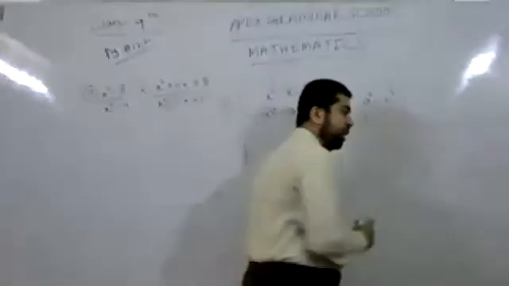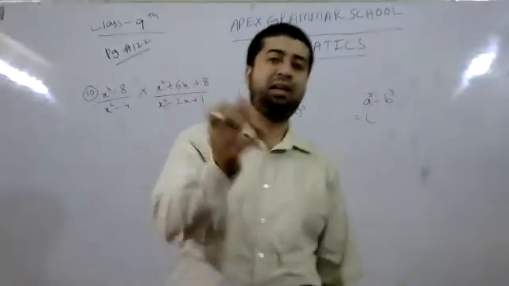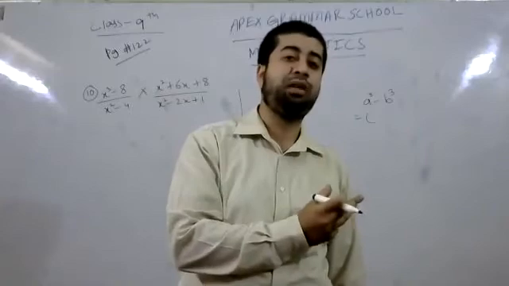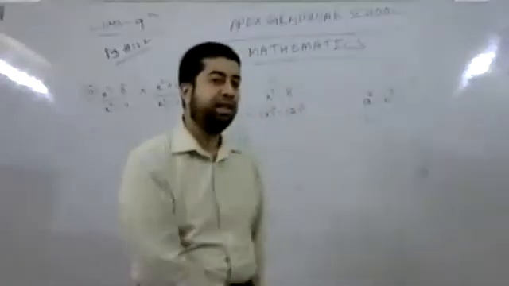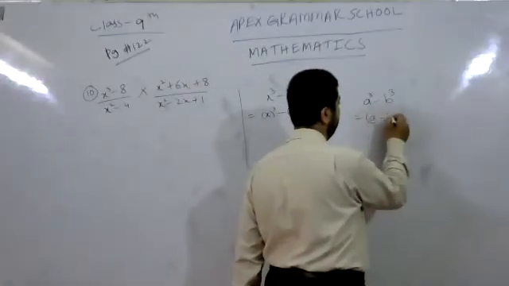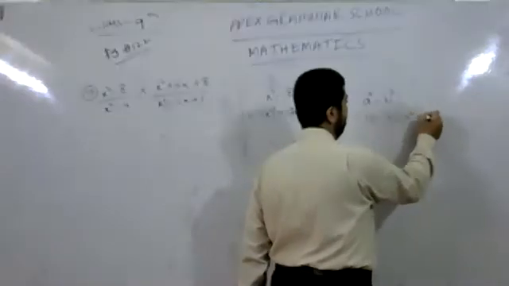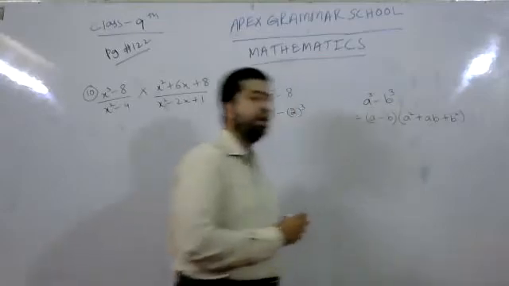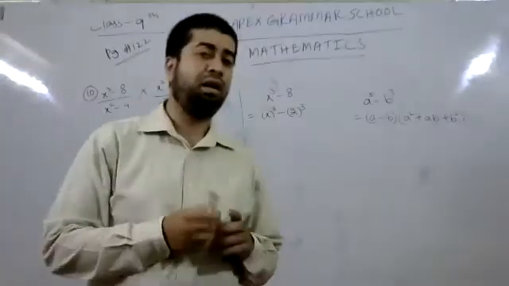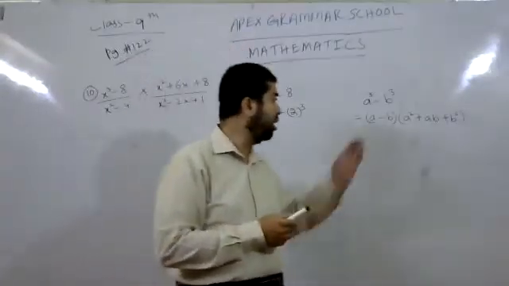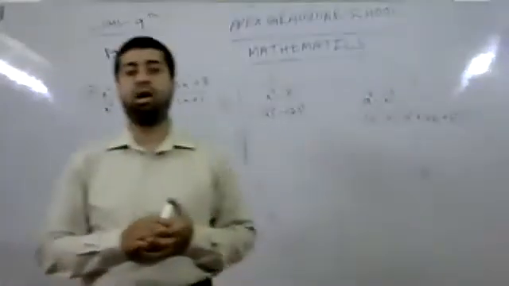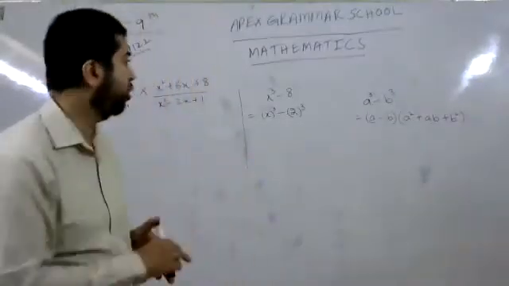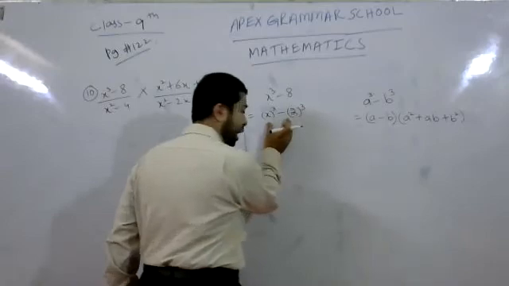Recall within your minds what is a cube minus b cube? That is equal to a minus b into a square plus ab plus b square. If you already have these formulas in your mind, then there must be no problem for you. You can write this formula.